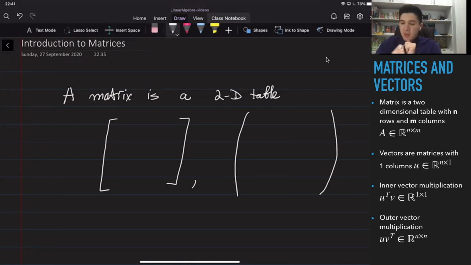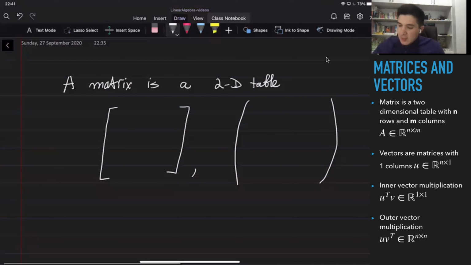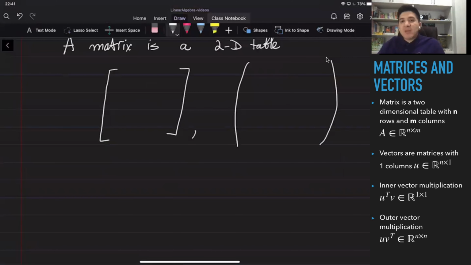Every element, it's really important for us to define the coordinate system of the matrices. Every element of the matrix has its own coordinate or own location. Usually matrices have a number of rows and a number of columns.